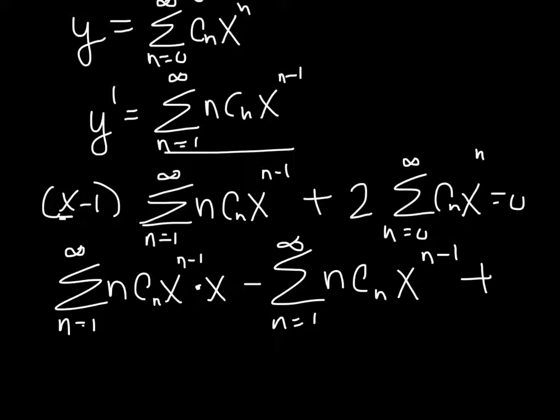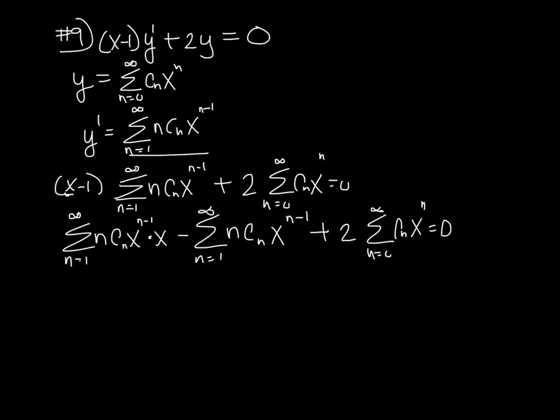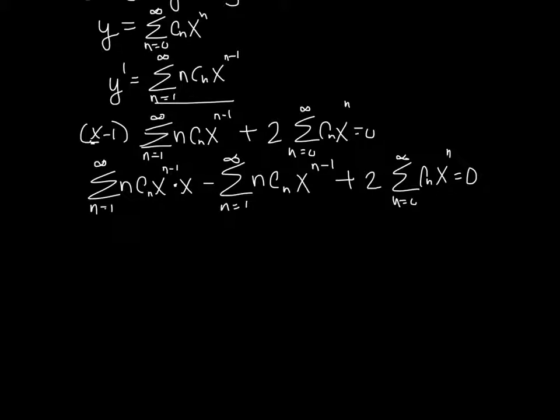And then I'm going to move over because I write really big. 2, and then we have our last summand, Cn x to the n equals 0. Okay, so again, all I did was distribute x minus 1 into my first power series, my y prime.